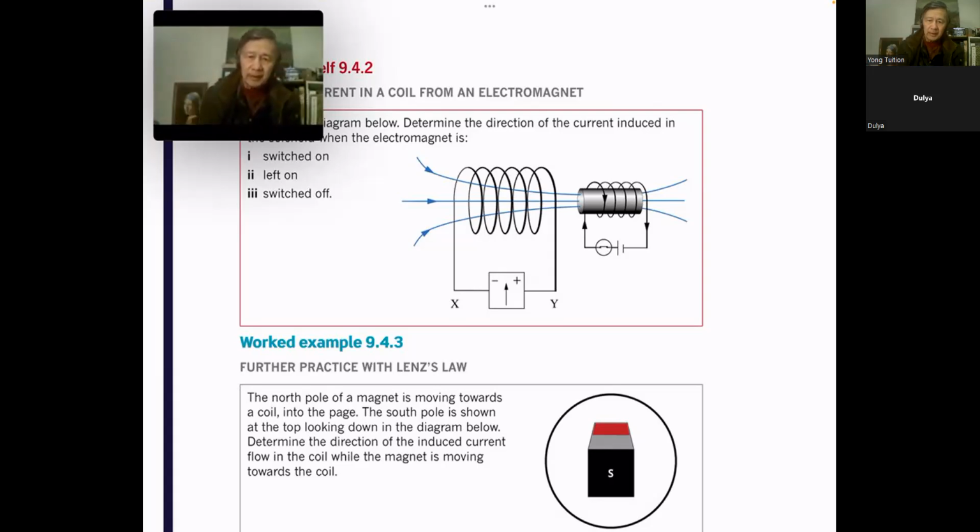So determine the direction of current. Can you write the answer here? The first answer is exactly what is shown in this diagram. Okay. Left on. So what do you mean left on? Just keep it on?